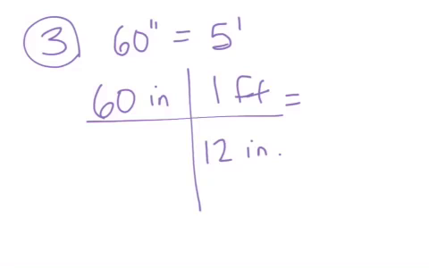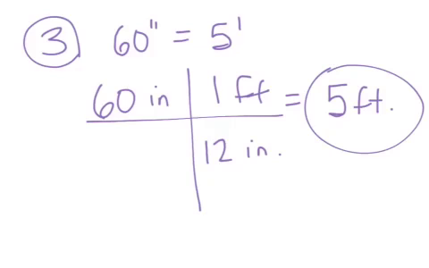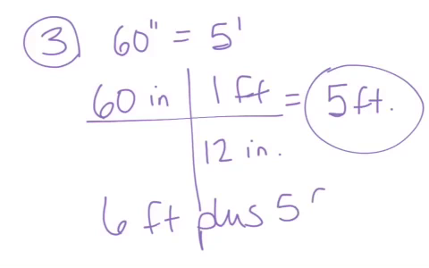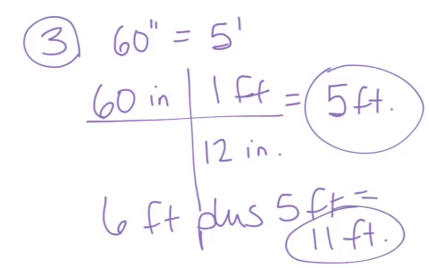I know that that person would be 5 feet tall. So if we add together 6 feet plus 5 feet, our answer is 11 feet. And if we wanted to convert it to inches, we would get 132 inches.